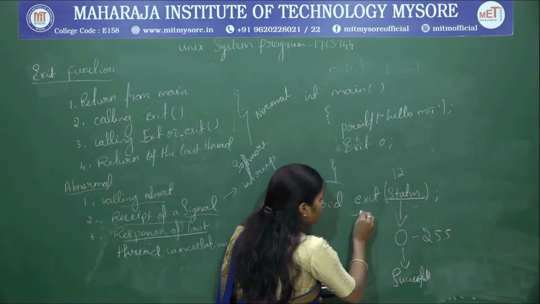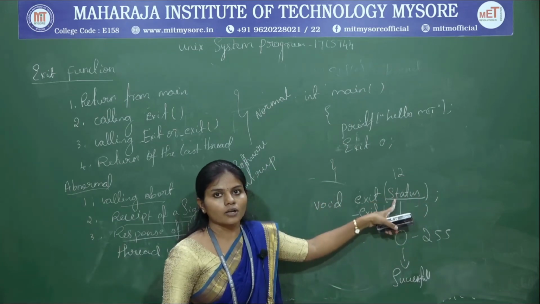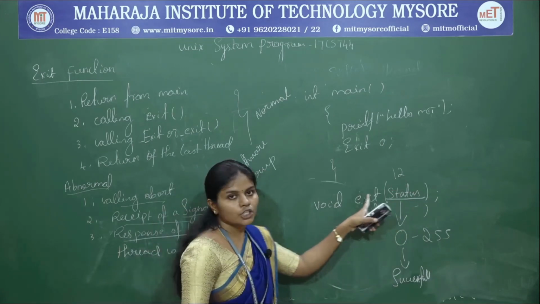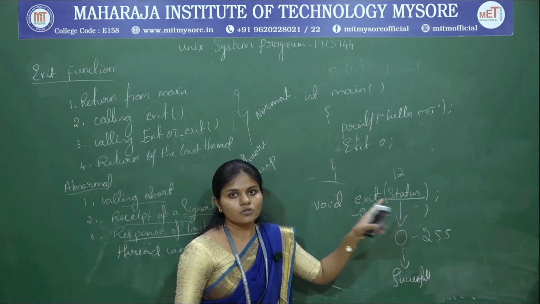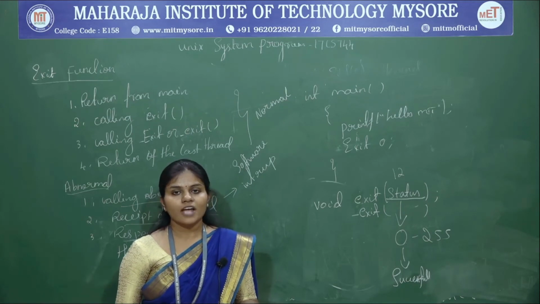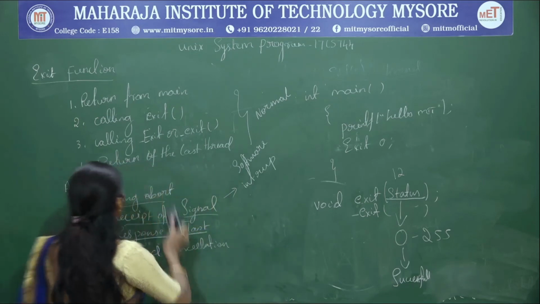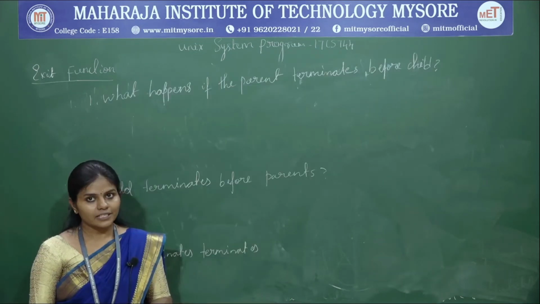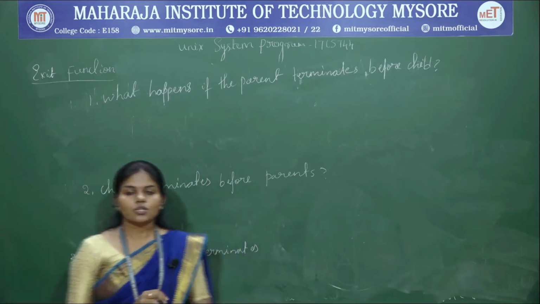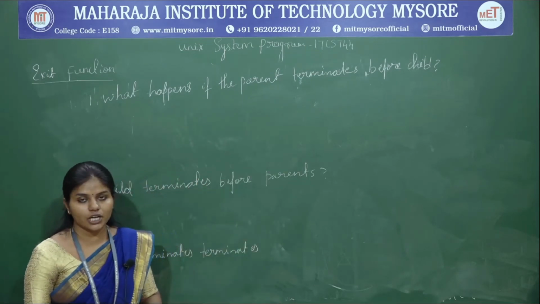Not only the exit function, the underscore exit function also takes the same argument. The status plays an important role in the termination of the process, whether it is normal or abnormal. Let me explain the three important questions under the exit function. The first question is: what happens if the parent terminates before the child, right?